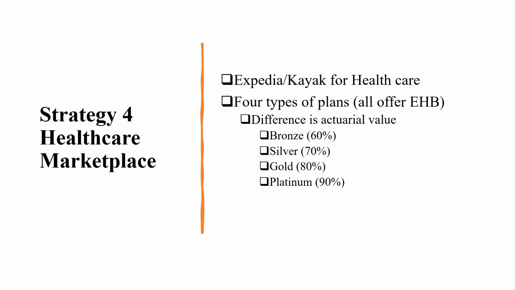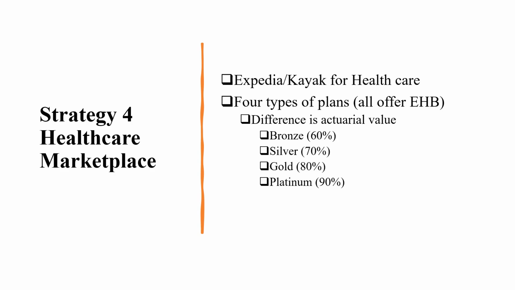So let's move on to the fourth strategy, and that's the healthcare marketplace, often referred to as the health insurance exchange. And a way to look at it, it's kind of like Expedia or Kayak for healthcare. But the difference is that when you're going to buy a hotel room, not all hotel rooms are the same. But within the healthcare marketplace, there are 4 types of plans, and they all offer essential health benefits.